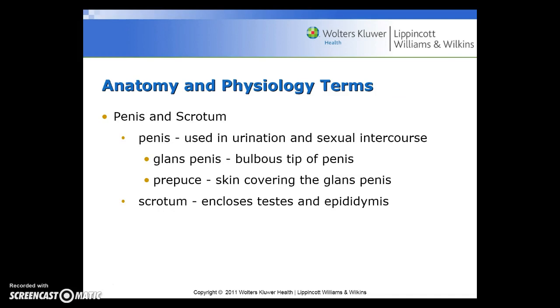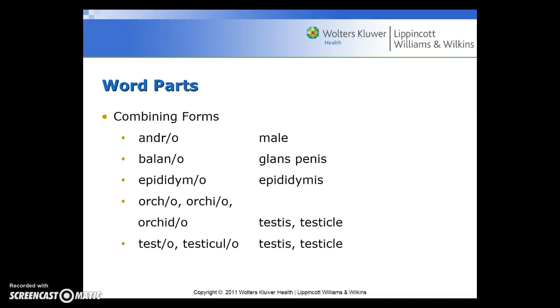Additionally, the penis and scrotum. The penis is used in urination and sexual intercourse. The glans penis is the bulbous tip of the penis, and the prepuce is the skin covering the glans penis, and the scrotum encloses the testes and the epididymis.